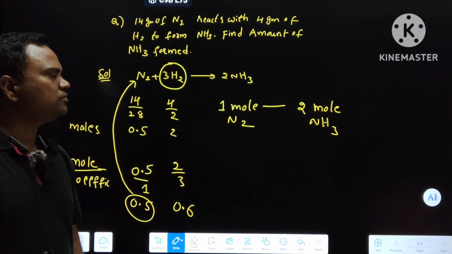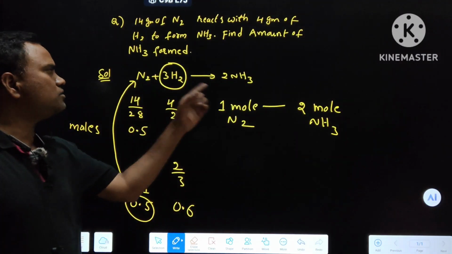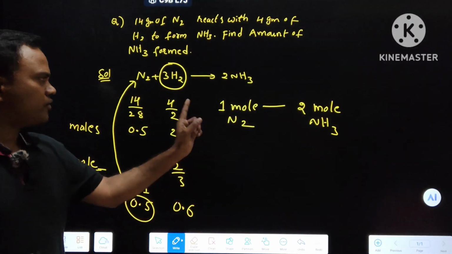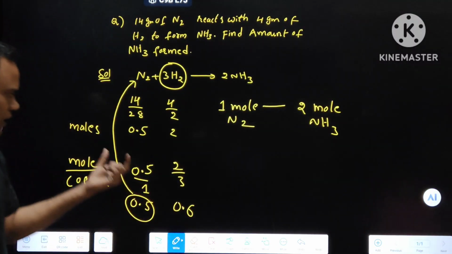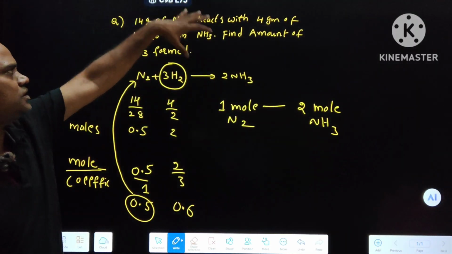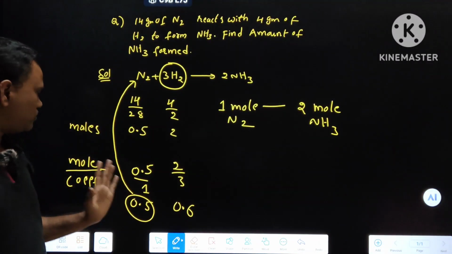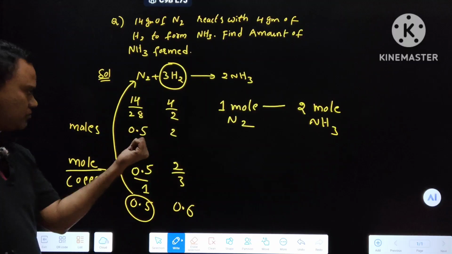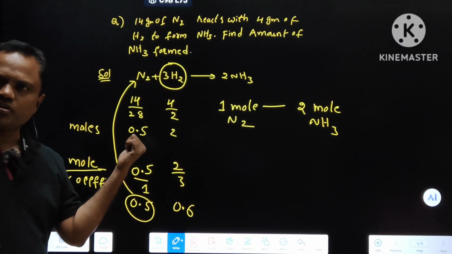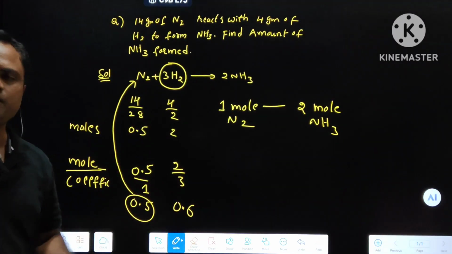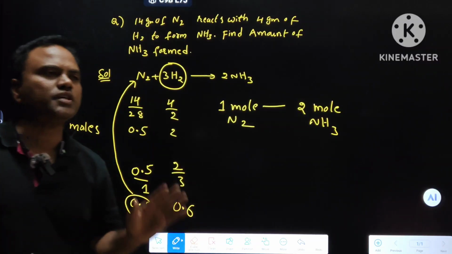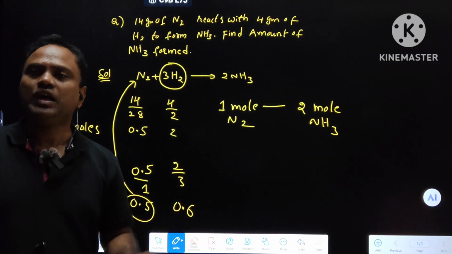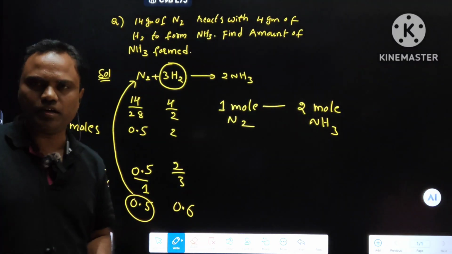Next, according to the standard reaction, 1 mole gives 2 moles, but according to the data, what are the moles of N2? 0.5. Clear? After writing the moles according to the standard equation, write the moles according to the data.